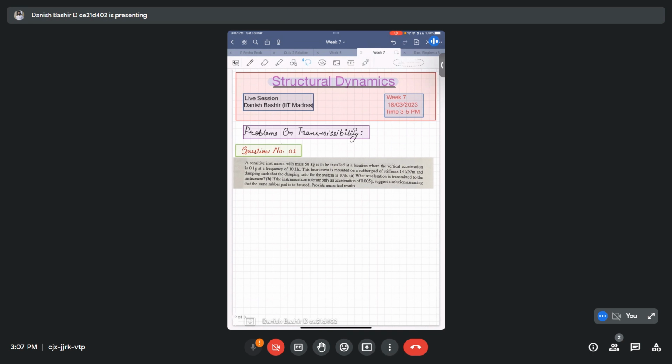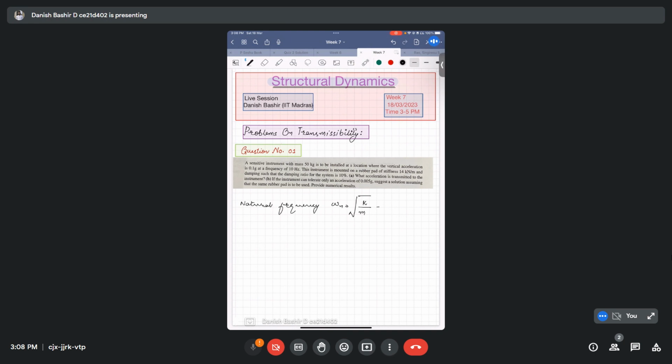So the natural frequency of the system. Omega n is defined as root under the stiffness of the system and the mass of the system, root k by m.